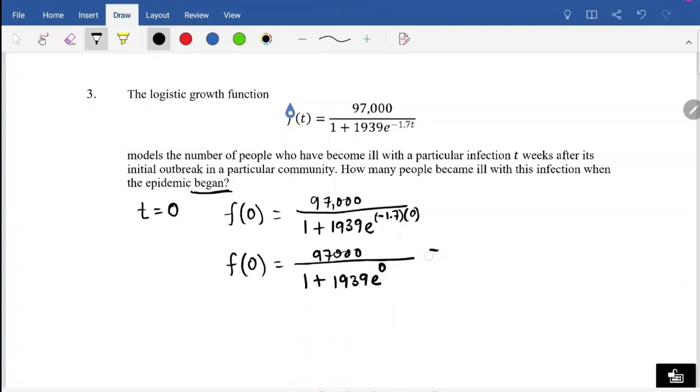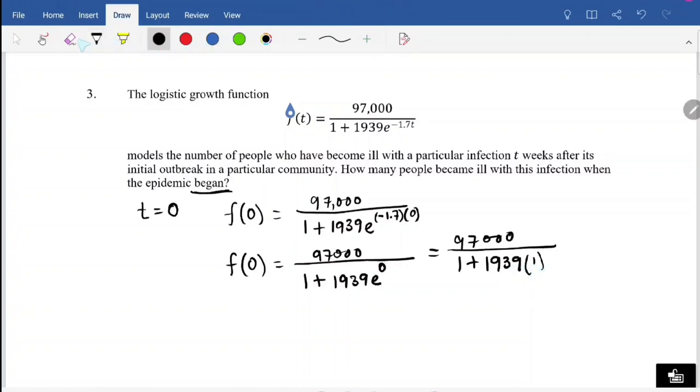So we end up with 97,000 in our numerator, and in the denominator we have 1 plus 1939 times 1. e to the power 0 is 1, and 1939 times 1 is just 1939.